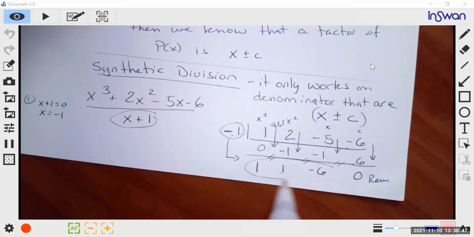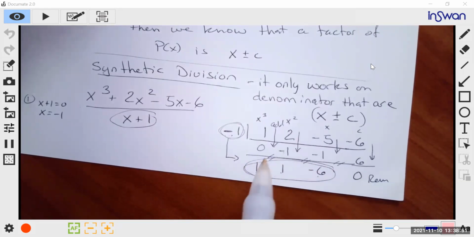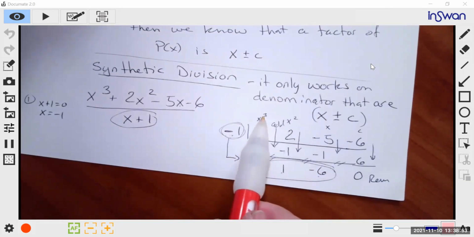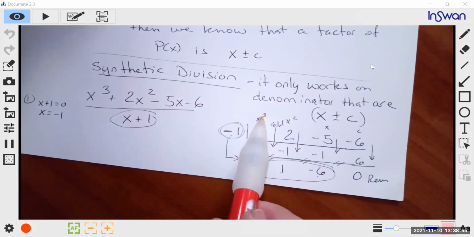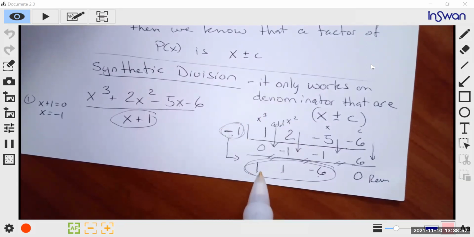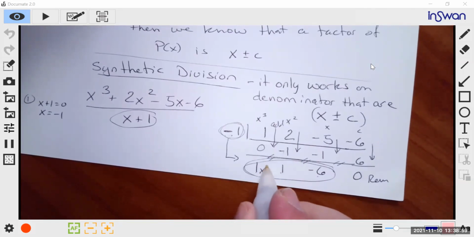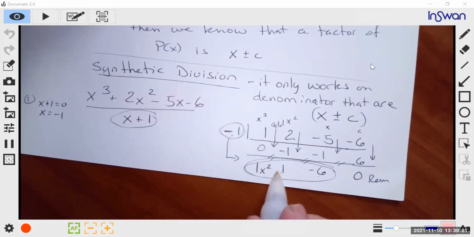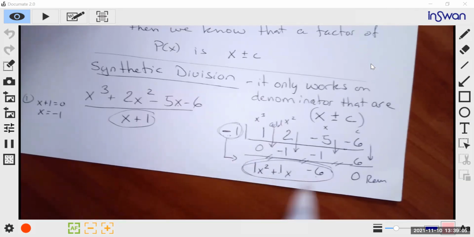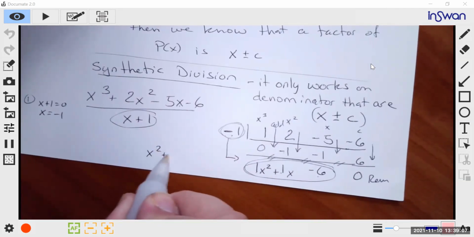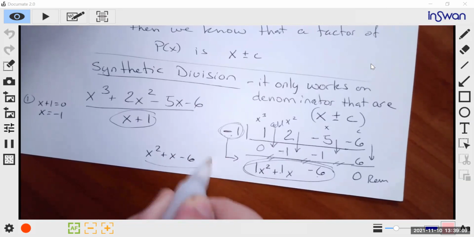And this is the remaining function. Since we started off with x cubed, we lost 1x. So now this one starts off as x squared. It's a positive 1. So it's x minus 6. So it's x squared plus x minus 6.